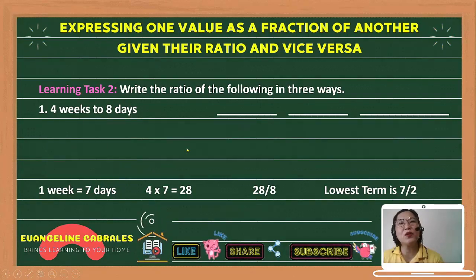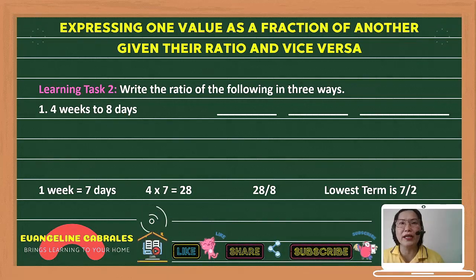At kagaya ng sabi ko, kung ano yung may mas mababang unit, yun ang inyong ipapakita. So, alin ba sa dalawang ito ang may mas mababang unit? Is it weeks or days? Yes, yun ay days. So, yung weeks, i-convert mo sa days para maging pareho sila.